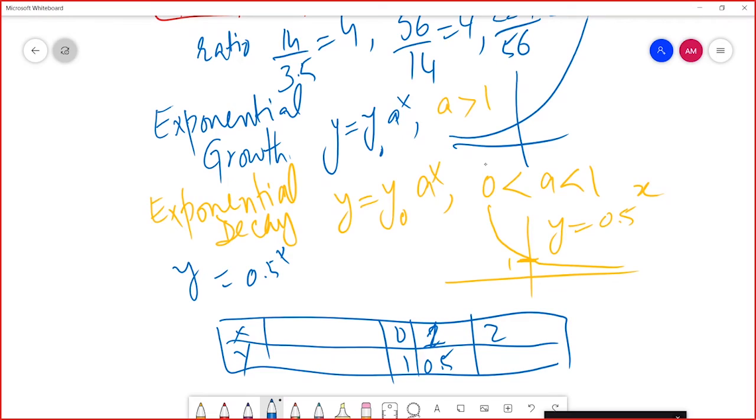What would be the value at 2? 2 would be 0.25. And at minus 1, it goes 1 over 0.5, so the value would be 2. Very nice. So it's going up, and at minus 2 it would be 4. Yeah, we understand that also.